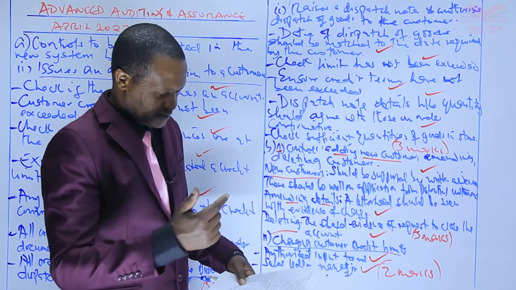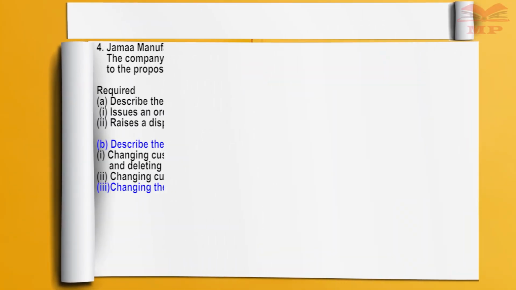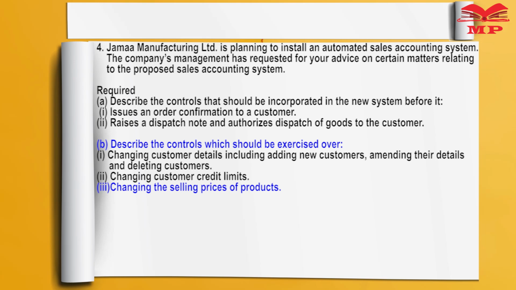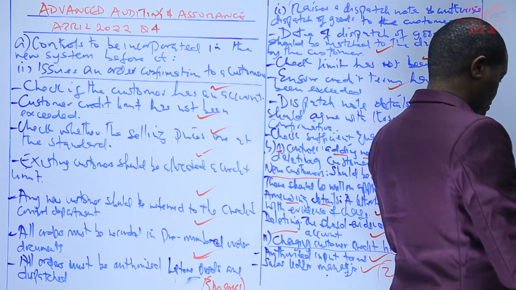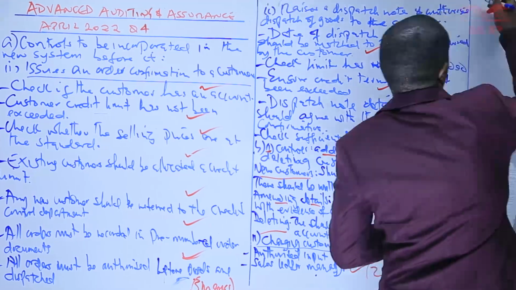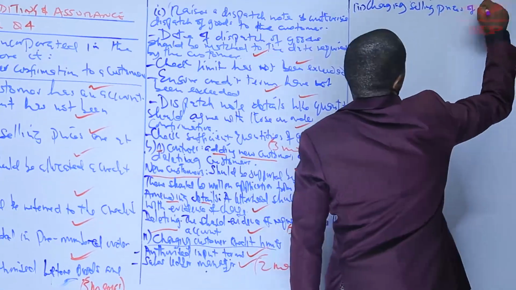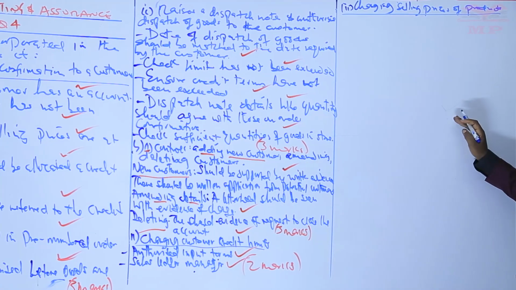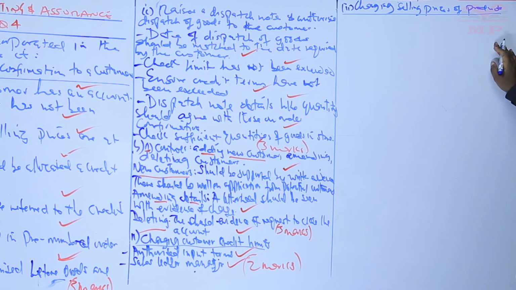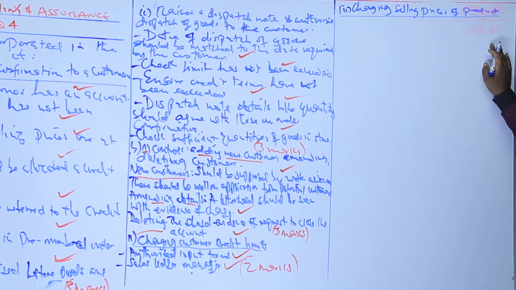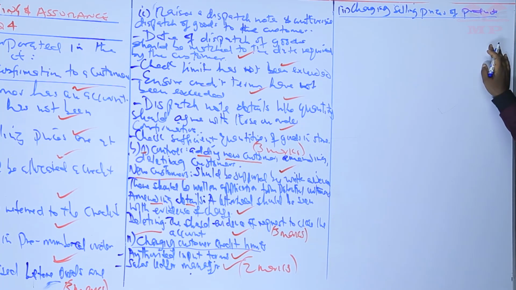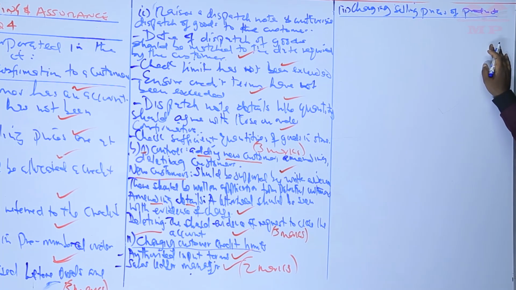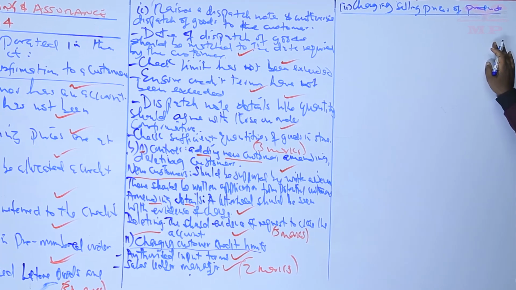Then controls in relation to changing the selling prices of products. Roman 3. What controls should be put in place when changing selling prices of products?